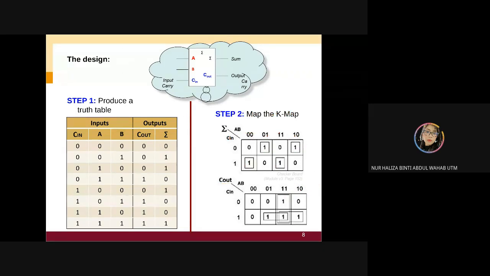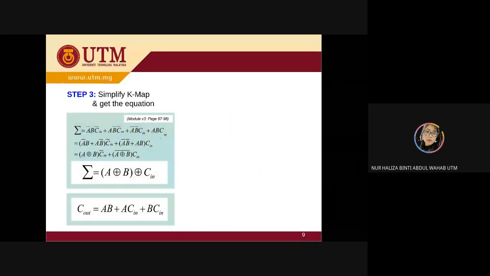So let's take a look at the output here. You can see this is our C out just now. When you have all of these, from the K-map, you can construct it in terms of XOR and XNOR. You can see here, exclusive OR, exclusive OR. From here, lastly, you will get exclusive OR for the sum.